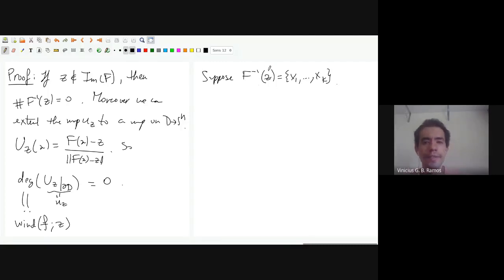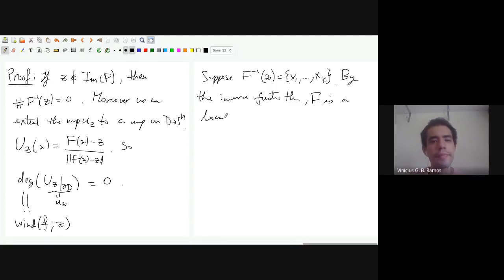Okay, so the preimage of z will be a finite set of points, and by the inverse function theorem, capital F is a local diffeomorphism near each xi. So basically we can say that near each xi, we can find charts around xi and around z, so that F is the identity.